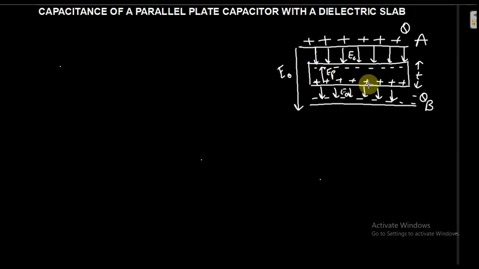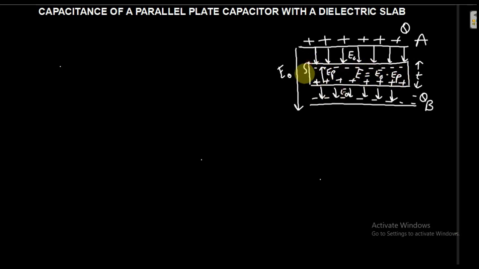So what will be the net field inside the dielectric? The net field will be the subtraction of these two fields. We can give the name E to the net field. So E will be equal to E naught minus EP.